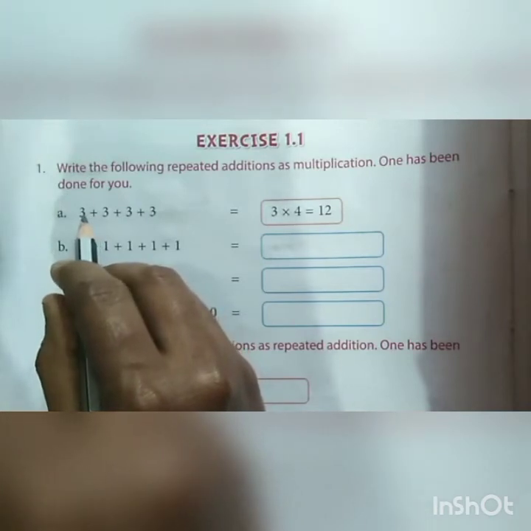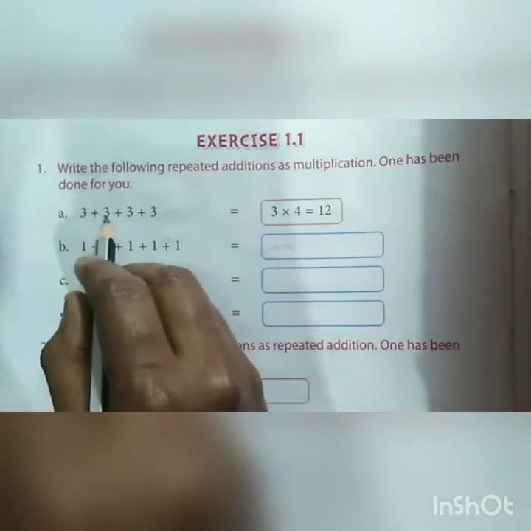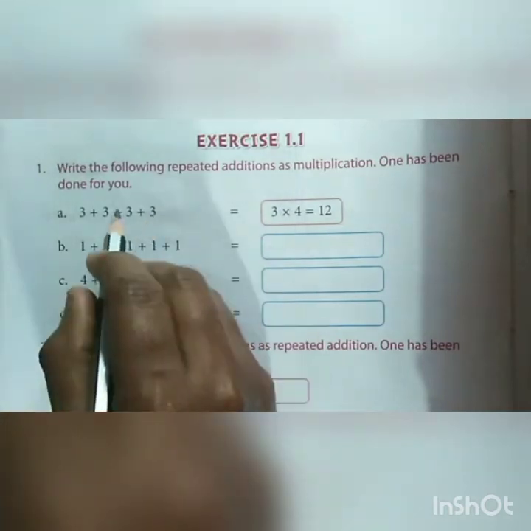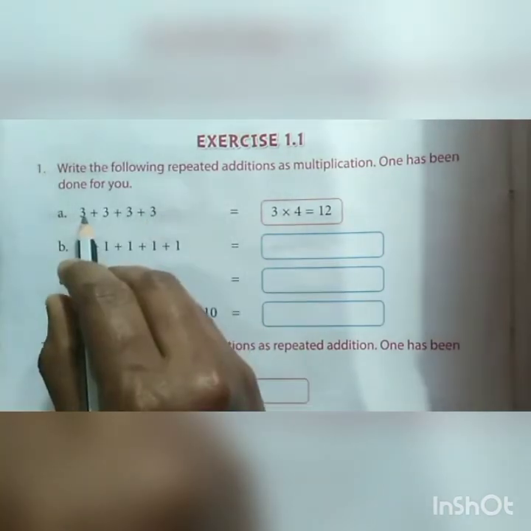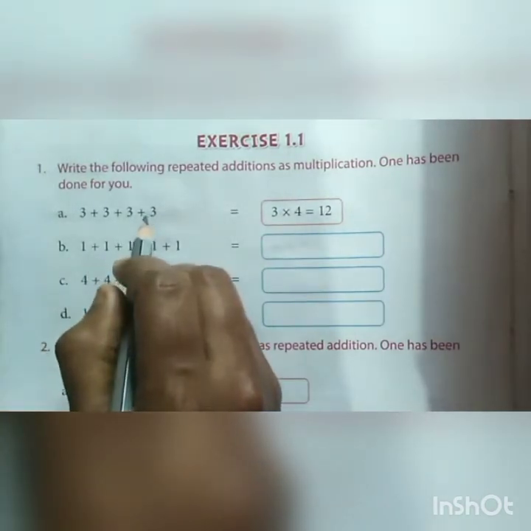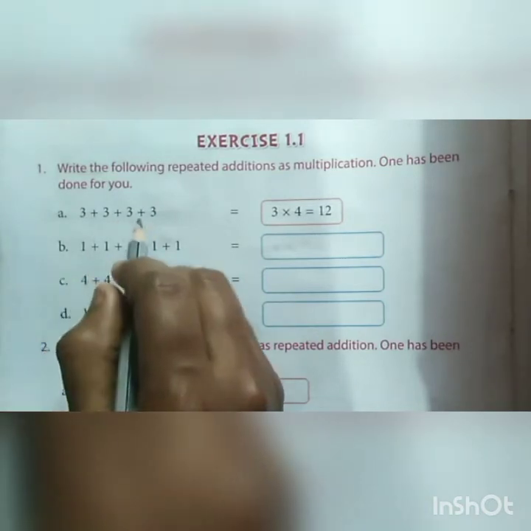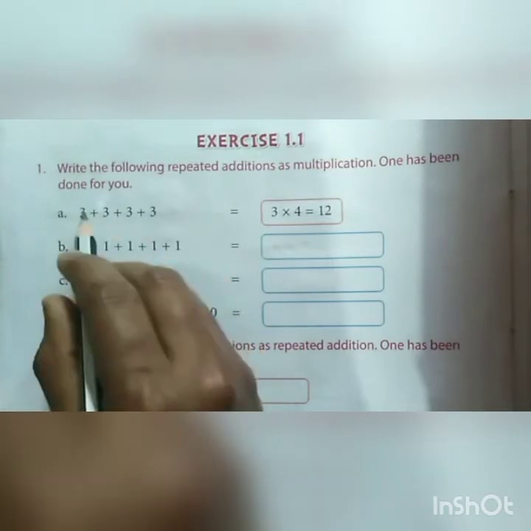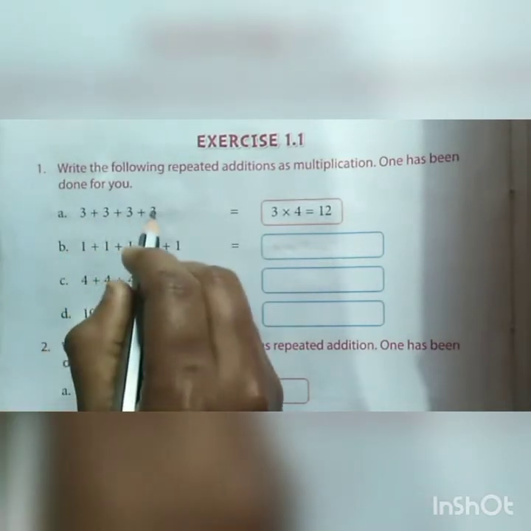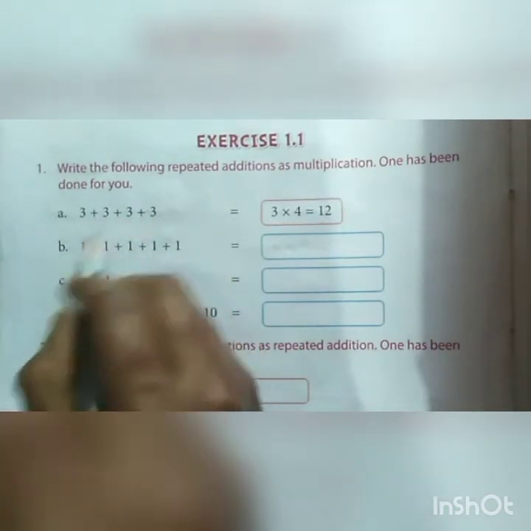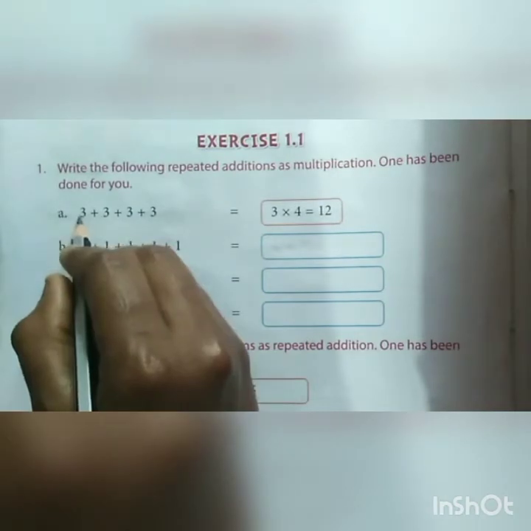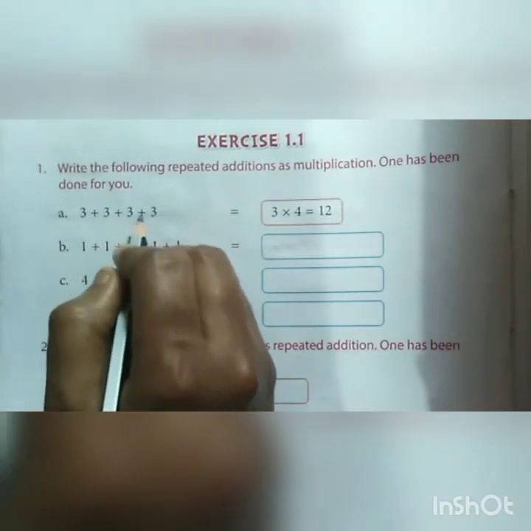The first example is 3 plus 3 plus 3 plus 3. Children, here the number 3 is given as repeated addition, isn't it? So we should write this as multiplication. For that, look at this number. Here 3 is repeated how many times? We can count 1, 2, 3, 4.